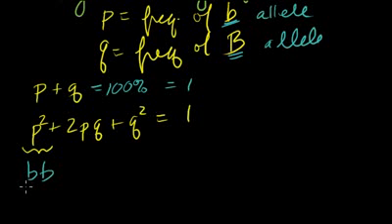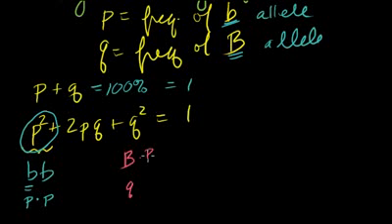I have to get a lowercase b from my first parent, with the probability of P, and then a lowercase b from my second parent with the probability of P. So it's P times P, so that's P squared. What's Q squared? That's the probability that I get a big B, a brown-eyed allele, from each parent, because the probability from parent 1 is Q, and from parent 2 is also Q. So that's Q squared.